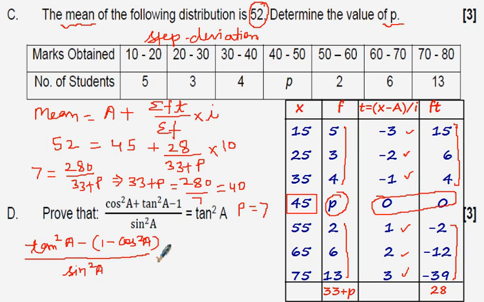Now this tan square a is sin square a upon cos square a, and this is already sin square a, and 1 sin square is already down. So this is a minus sign. Do it slowly. There is a minus sign in between, so I am separating also.